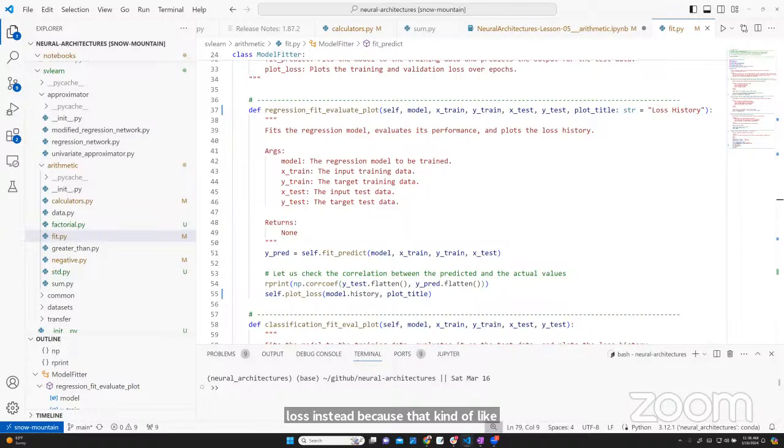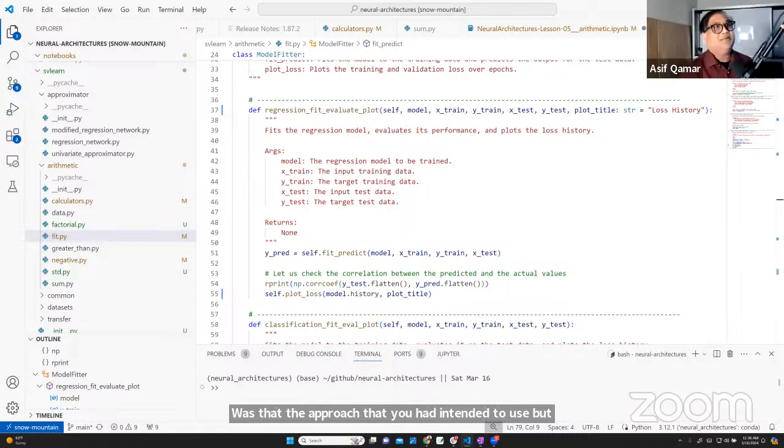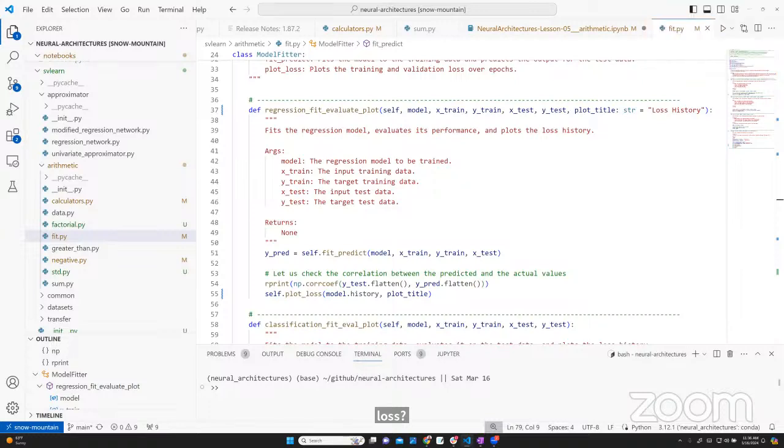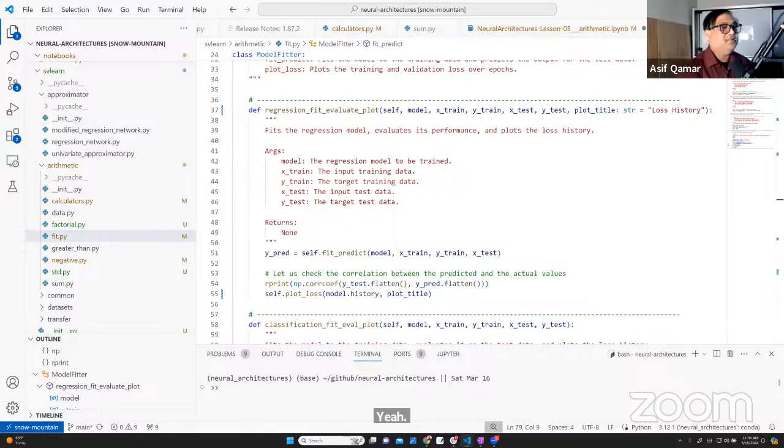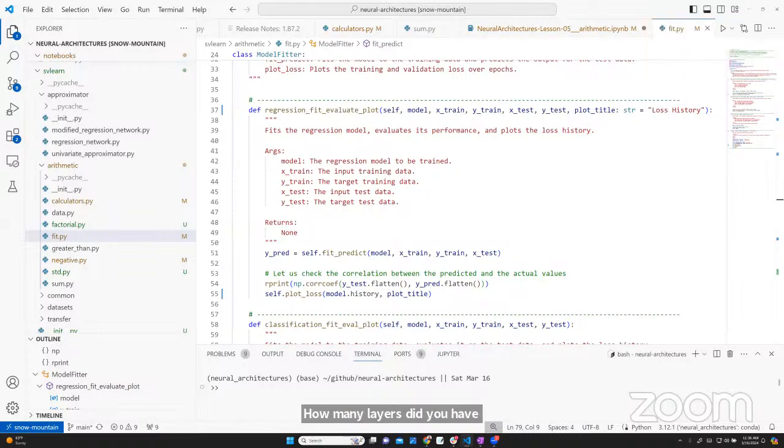Was that the approach that you'd intended to use, or did you also use an L2 loss? No, let's say that you use an L1 loss. What did your network look like? How many layers did you have in your network? My network had 3 hidden layers.